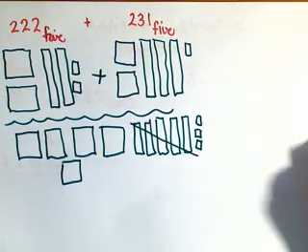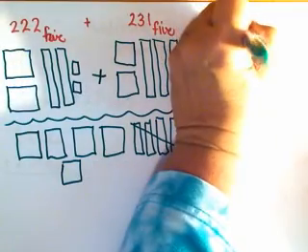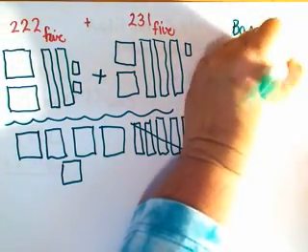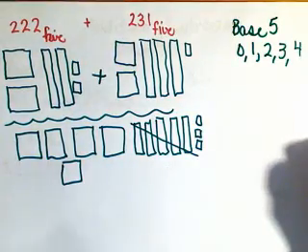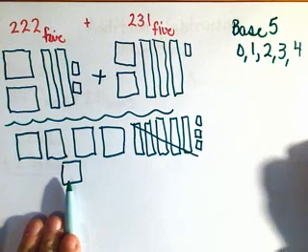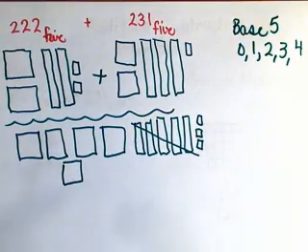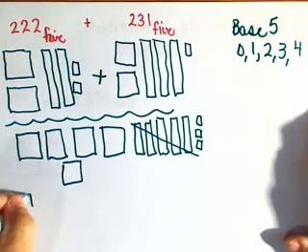And I'm going to put an additional flat over here. Okay. Now remember that in base 5, I only have 0, 1, 2, 3, and 4. Okay? So I can't have 5. But what I could do is trade that for a cube that's 5 by 5 by 5.